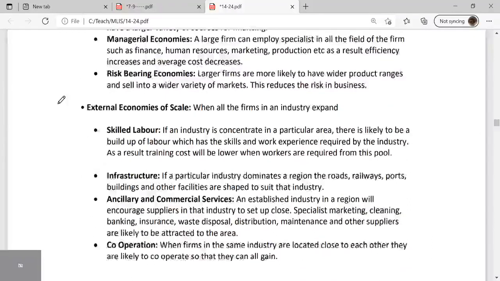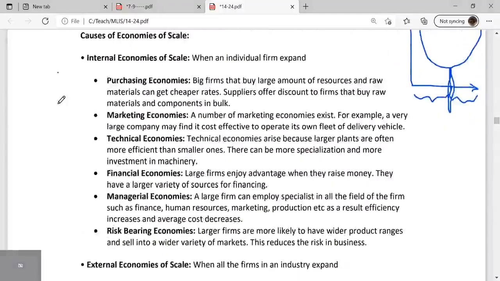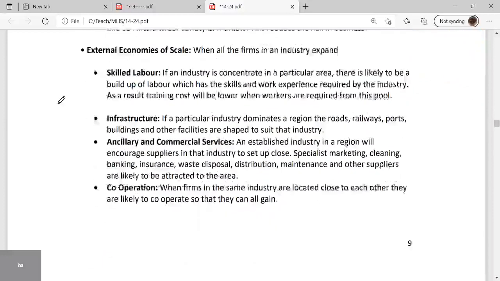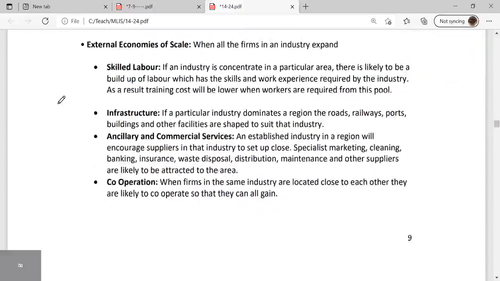Internal economies of scale are enjoyed by an individual firm because they are using their own resources to achieve them. But external economies of scale are enjoyed by all the firms in the industry, because it's something that has happened to the industry or the economy, and all the firms will be enjoying it.